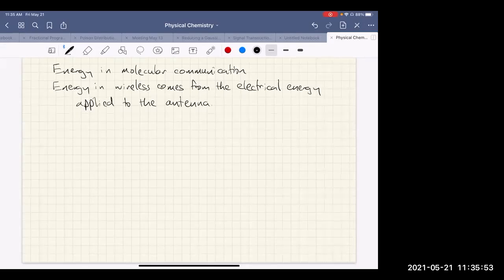Similarly, energy in molecular communication comes from the molecules stored in the reservoir.